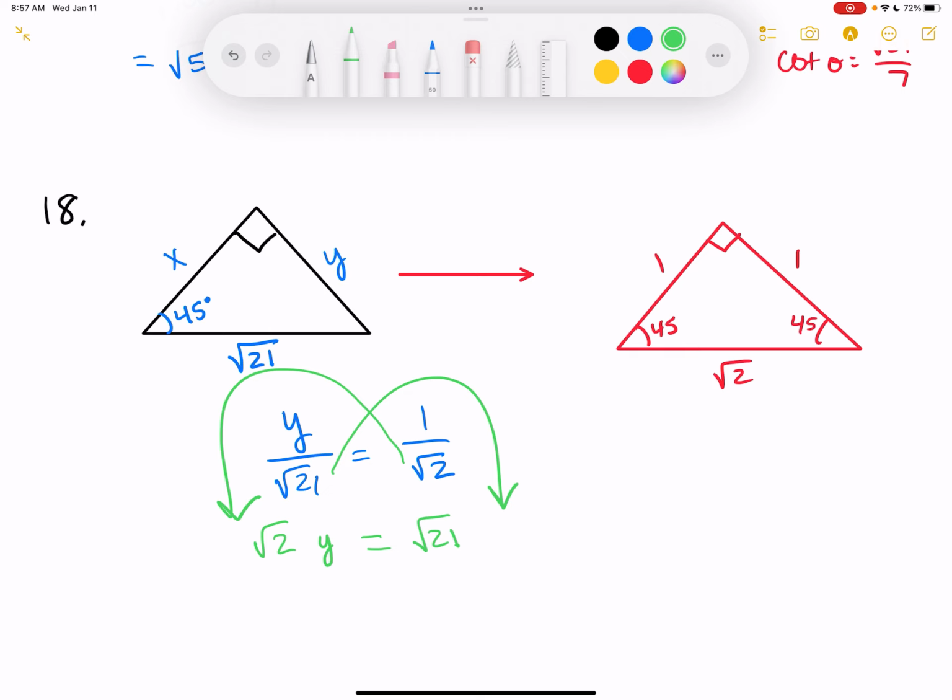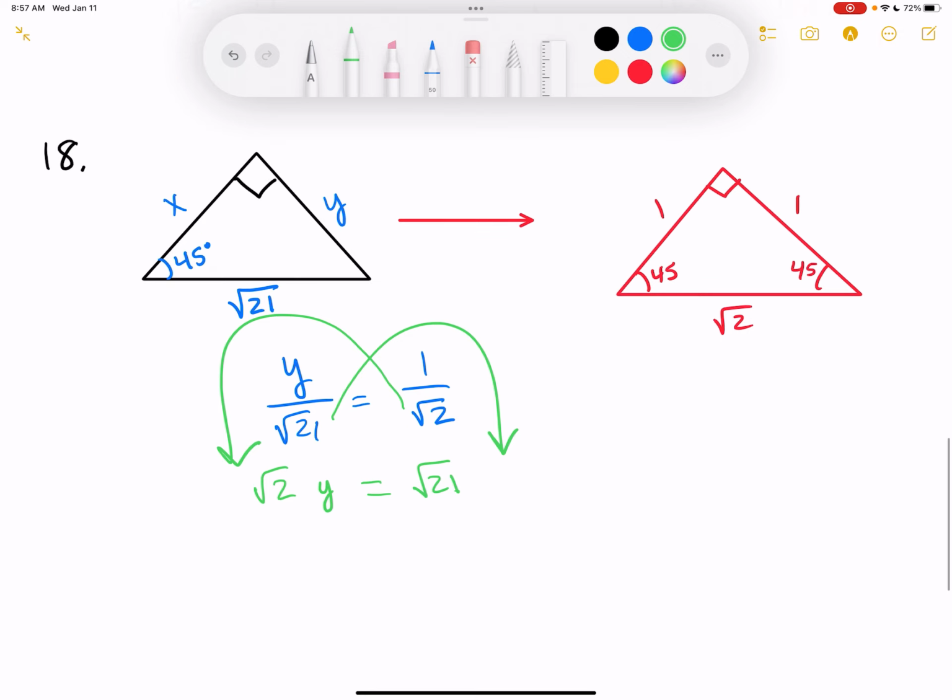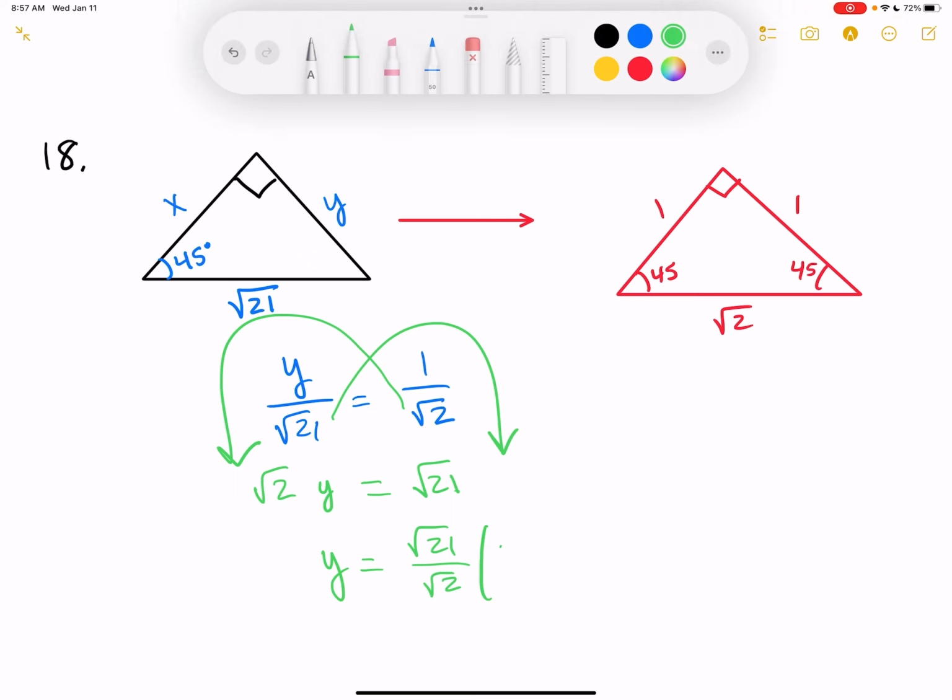So I obviously need to get y by itself, so divide by the square root of 2, so y is equal to the square root of 21 over the square root of 2. But we can't leave it like that. We can't have the radical on the bottom. So we're multiplying by the square root of 2 over the square root of 2, which gives us the square root of, remember when we're multiplying two square roots, we can multiply what's inside of them and leave it all under a square root.